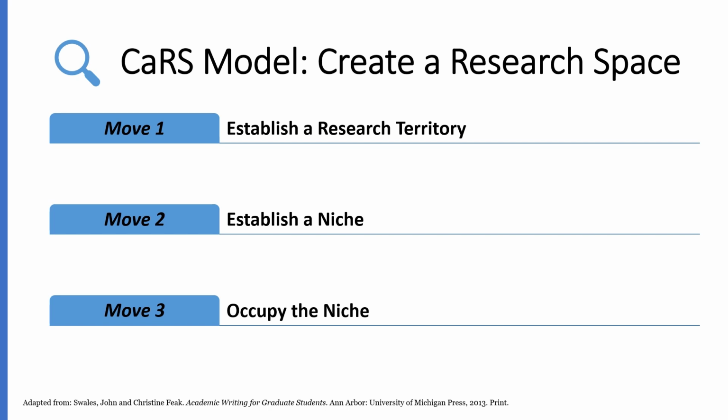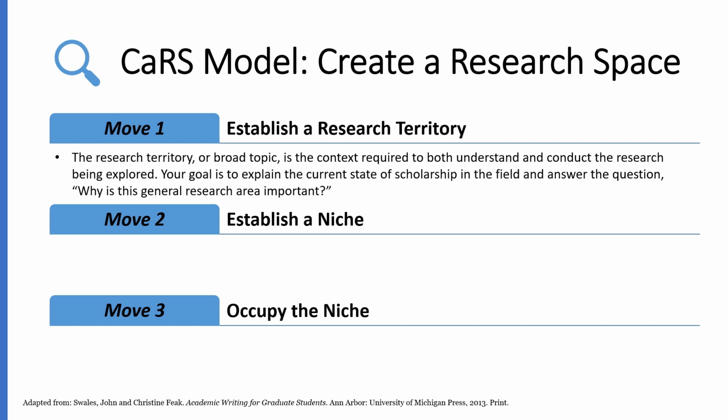So this model is composed of the following moves. First one, we have move 1, wherein the researcher establishes a research territory. So in this part, the research territory or broad topic is the context required to both understand and conduct the research being explored.